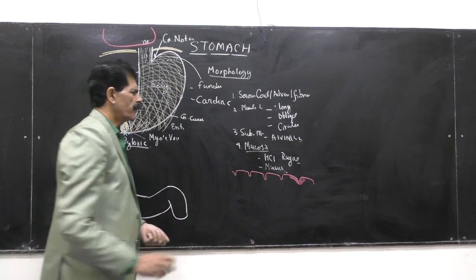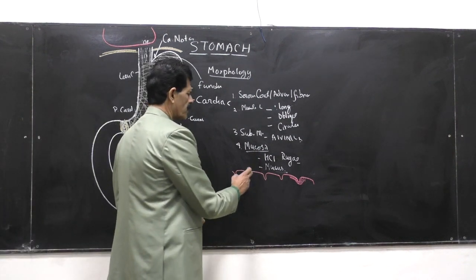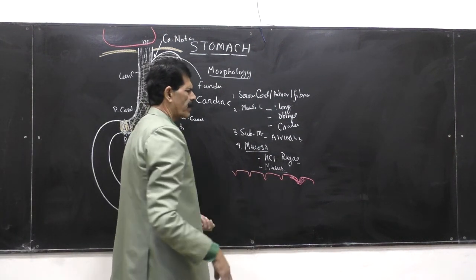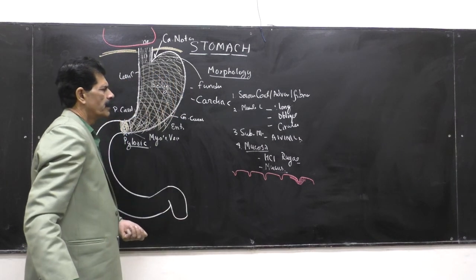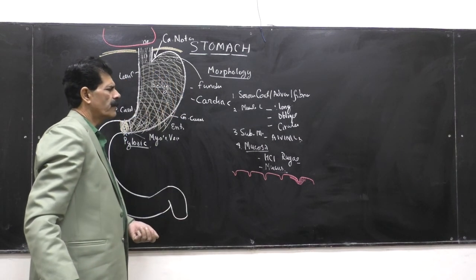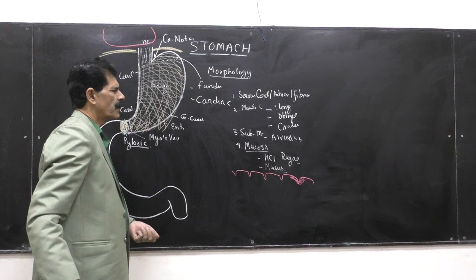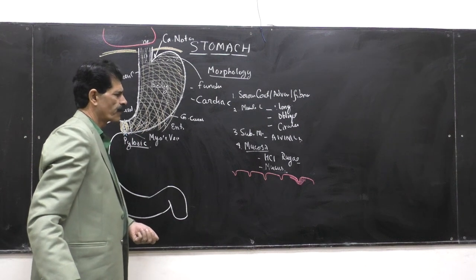In between, the gastric pits are present, which give the velvet-like appearance. So that is how we describe the 4 layers of the wall of the stomach under its morphology.